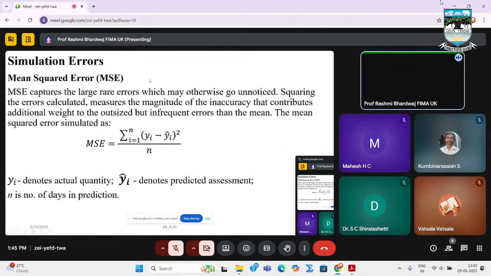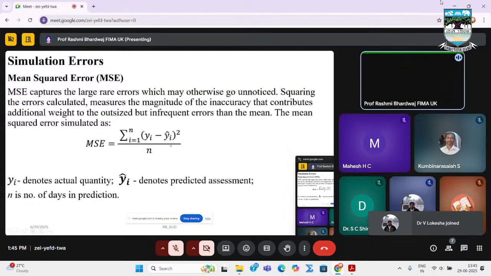Now these are the different types of performance errors. The most common is the mean square error, which is defined with yi as the observed data and this as the experimentally calculated data. So we take the difference, square it, and divide by the n value.